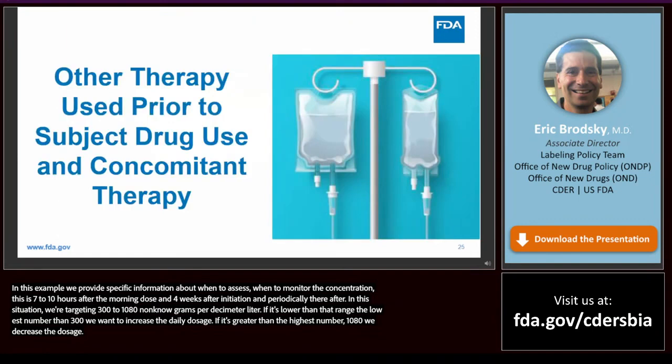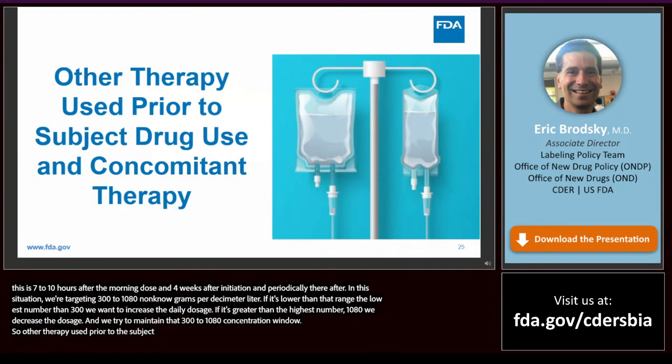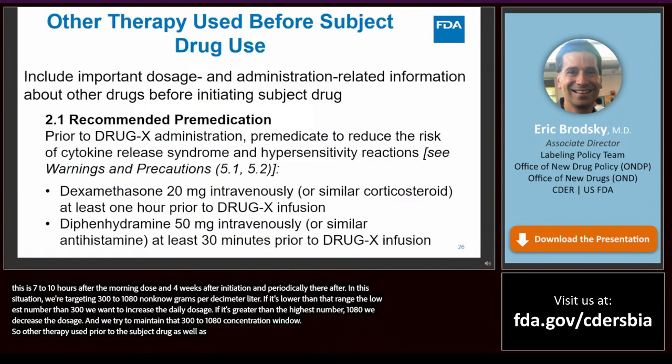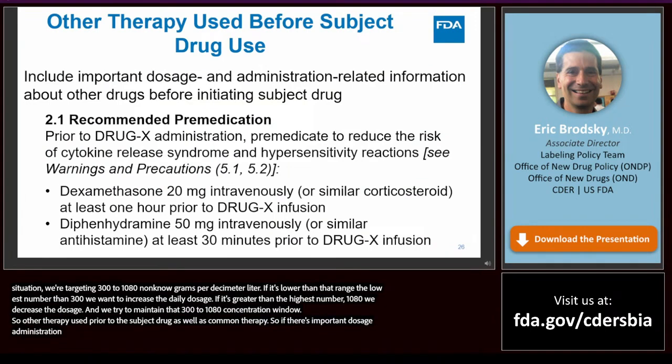So, other therapy used prior to the subject drug, as well as concomitant therapy. If there is important dosage and administration related information about other drugs before initiating the subject drug, that should be included in the DMA section.